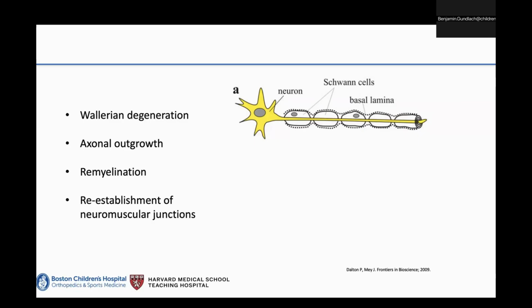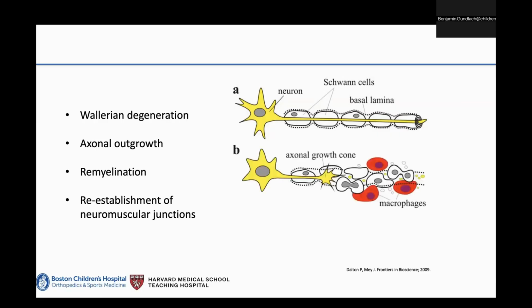In a basic sense, once that axonotmetic injury happens, we see Wallerian degeneration where the distal axon is cleared and an axonal outgrowth starts to mature at the node of Ranvier most proximal to the site of injury.